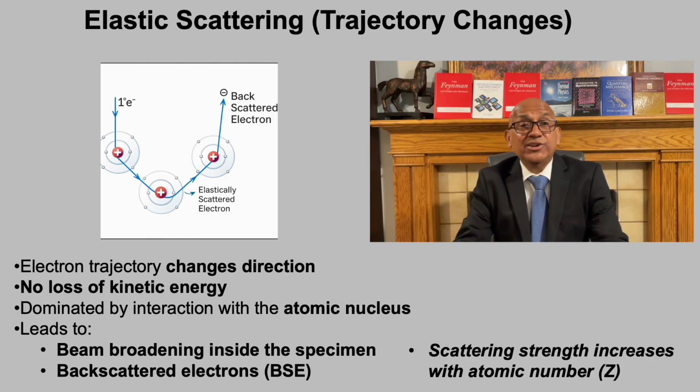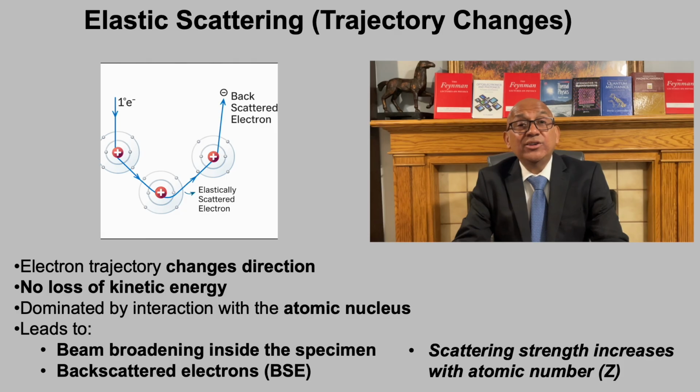Let us first consider elastic scattering. In elastic scattering, the incident electron is deflected from its original path, but its kinetic energy remains essentially unchanged. This interaction is dominated by the strong Coulomb field of the atomic nucleus, where the positive charge is highly concentrated.